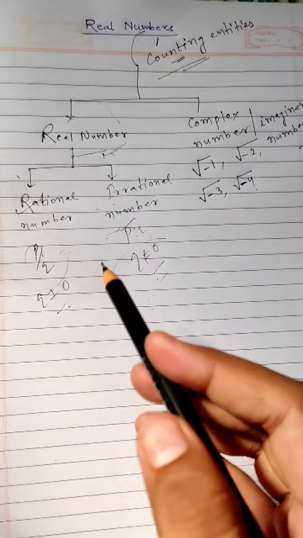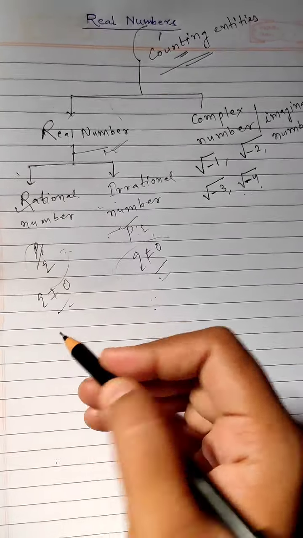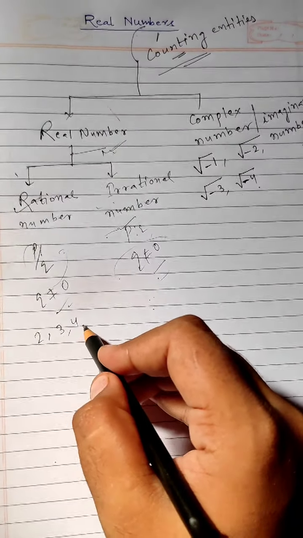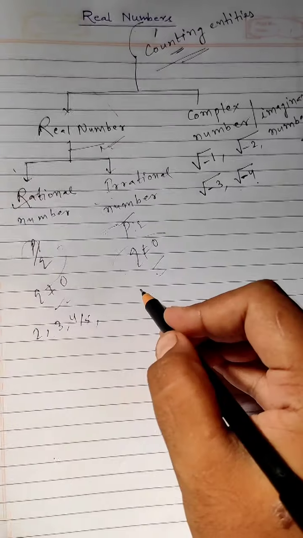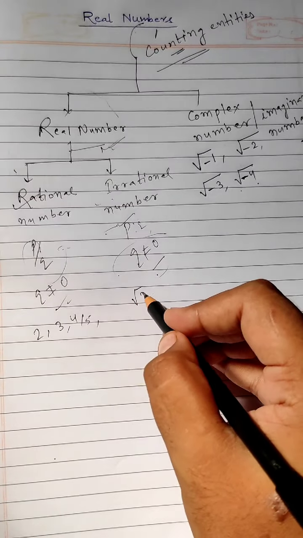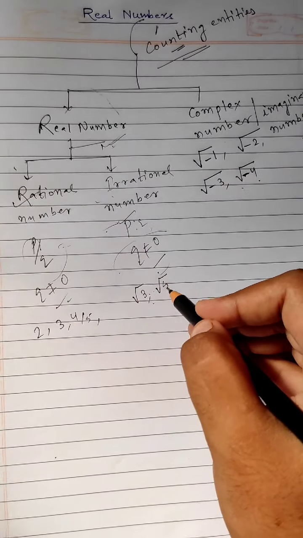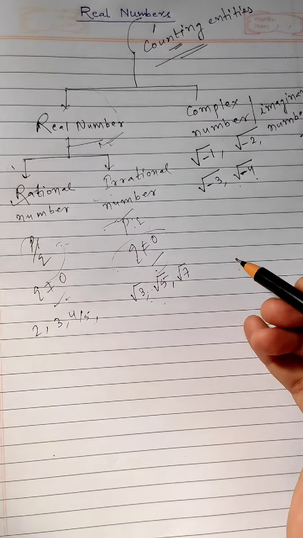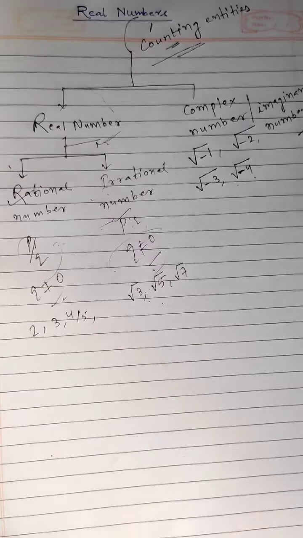Okay, so an example for rational numbers can be anything like 2, 3, 4 by 5, etc. And for irrational numbers, the numbers under the root, which is root 3, root 5, root 7, etc.